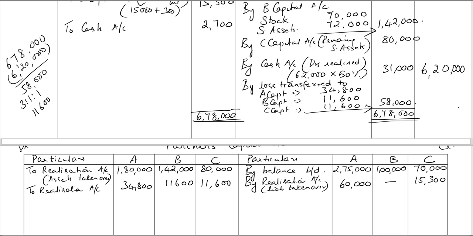The items are done. We will find out the amount of the final settlement. In the case of A, the credit side is greater, 3,35,000 rupees. The debit side totals to 2,14,800 rupees.